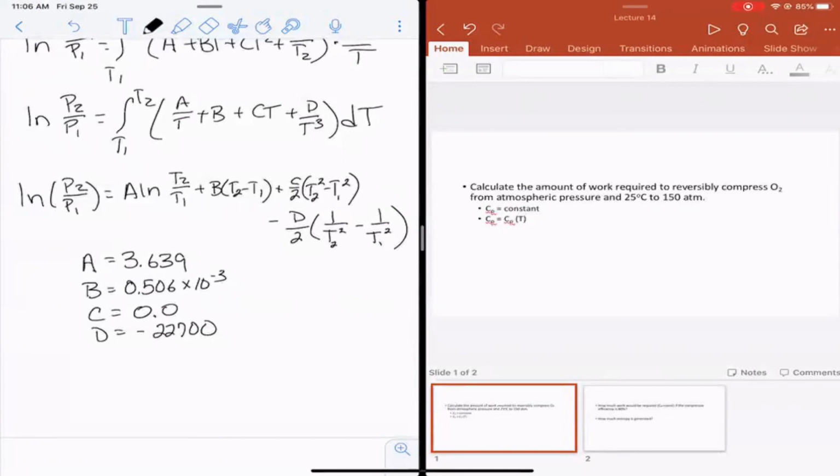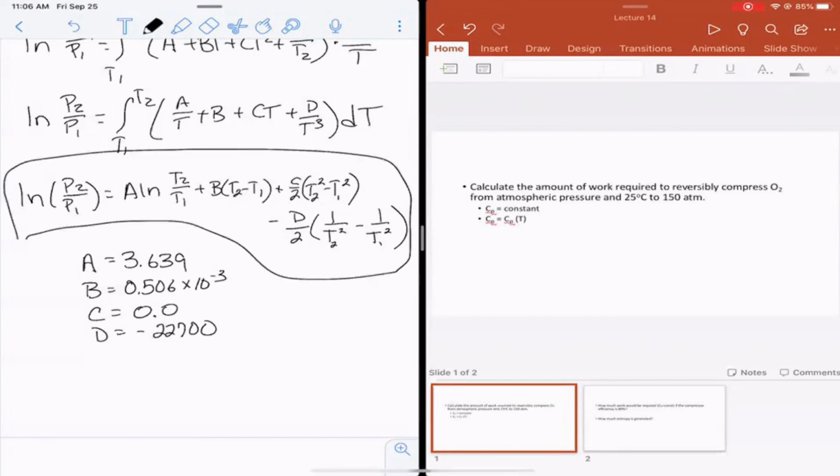And there's only one unknown in this equation, right? And that's T2. That appears in every one of these terms. So you could plug this into your calculator, or I just set up a very simple Excel file where I'm going to goal seek T2 until this equation is satisfied.